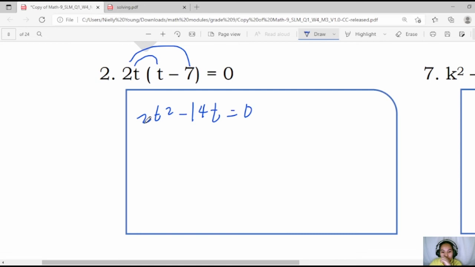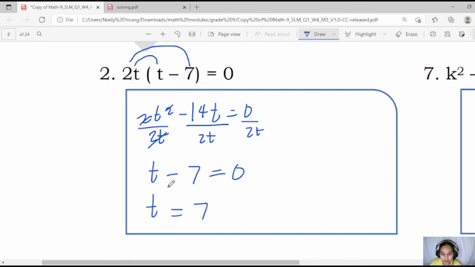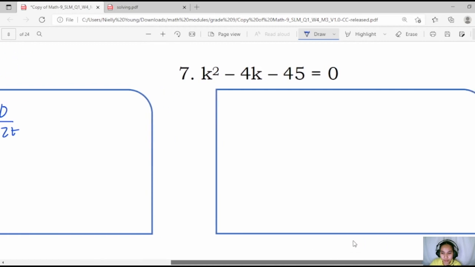Divide both sides by the highest common factor of all of the terms, which is 2t. Cancel, cancel, cancel. t minus 14t divided by 2t is 7, and then 0 divided by 2t is 0. Transpose negative 7, so t is equal to positive 7. That is the answer for number 2.